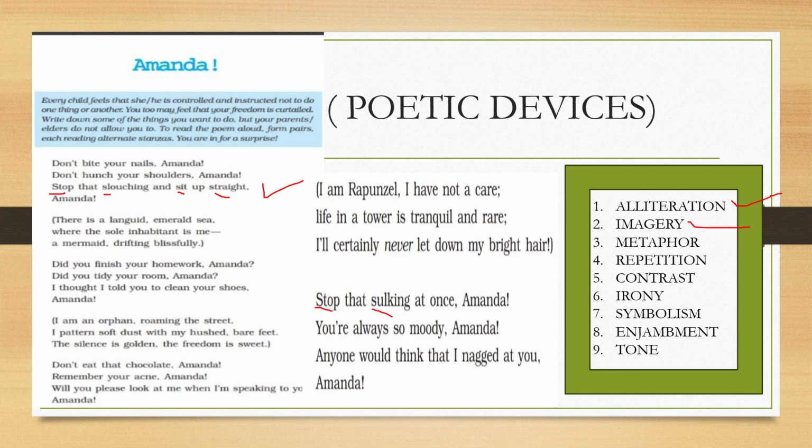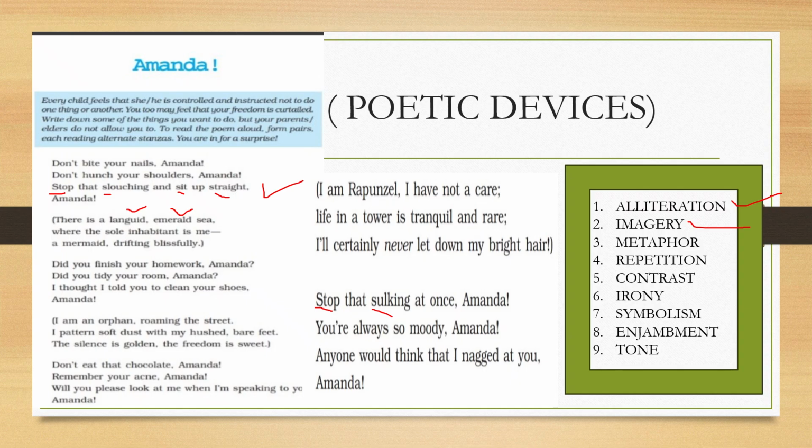Here in the second stanza, you can see "languid, emerald." What is the meaning of languid? In the previous class, I explained: silent, quiet, calm. Emerald means green. Languid, emerald sea.